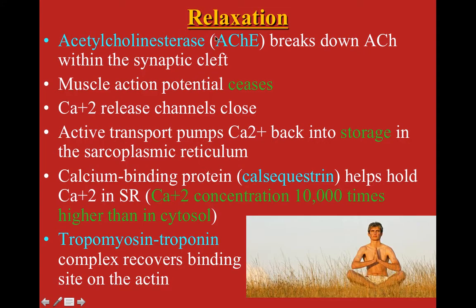Okay, so during the relaxation phase for muscles, because our muscles do need to relax. If they were tense and tight all the time, we would have cramps and it would be a very painful experience. So what do we see happen here? Acetylcholinesterase, that's a mouthful of a word. AChE is the abbreviation. It breaks down the acetylcholine within the synaptic cleft, okay? So let's pull this back a little bit.